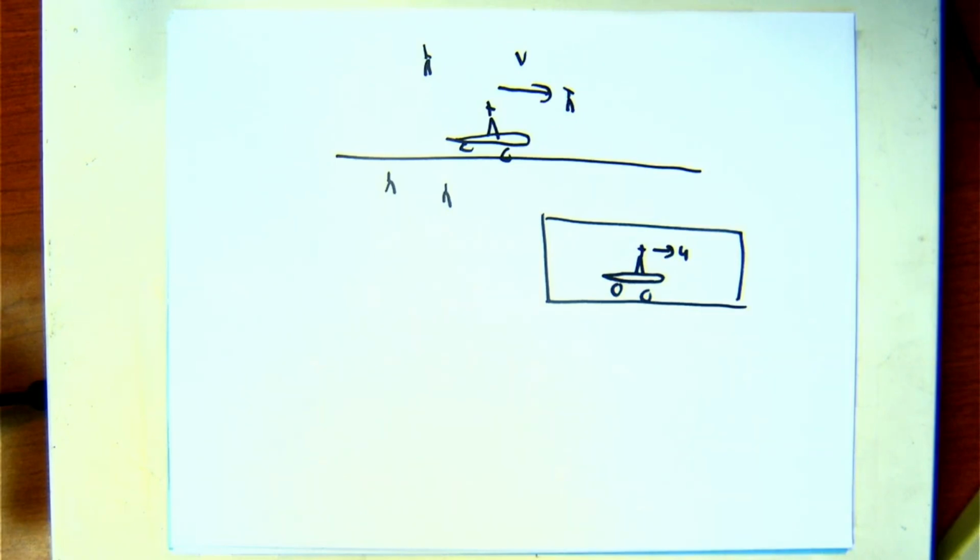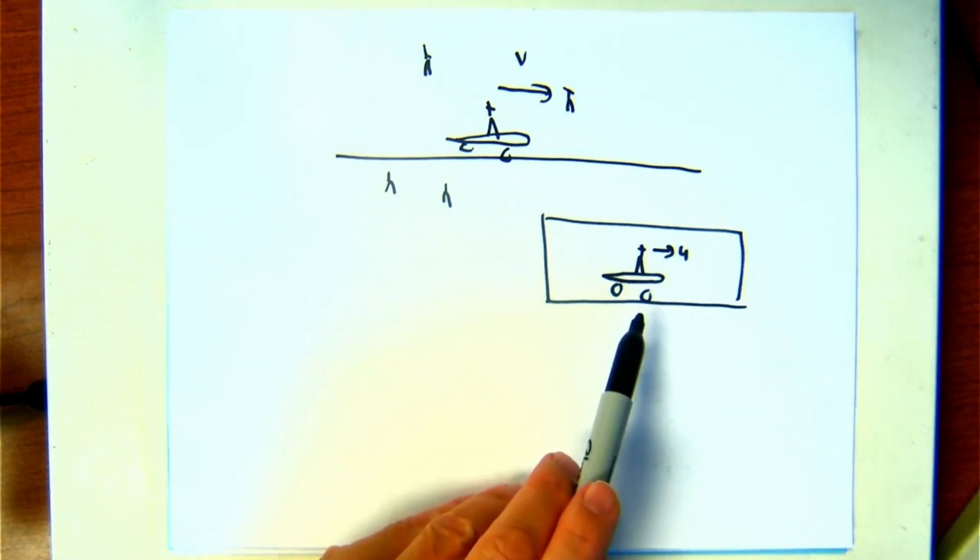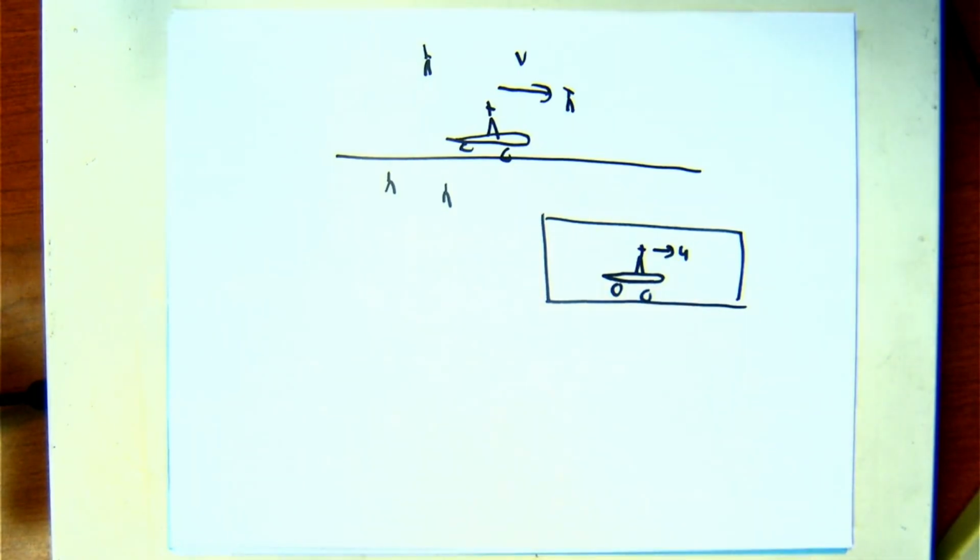So relative to the barred frame, the individual on the skateboard throws a baseball forward at speed u.